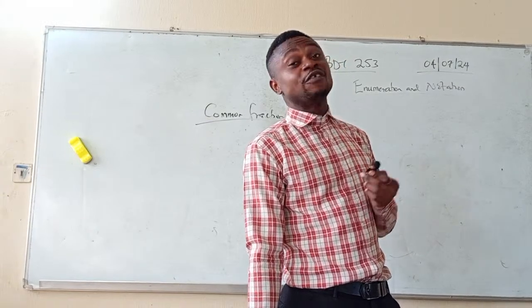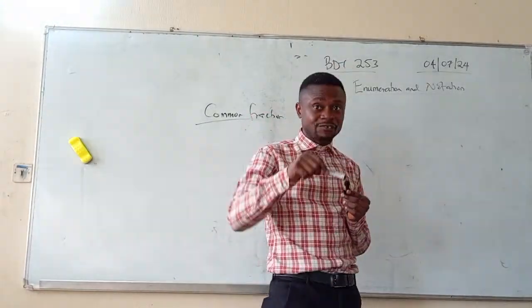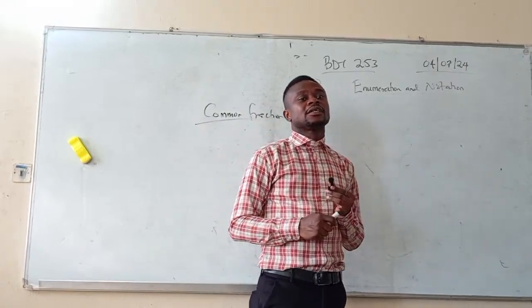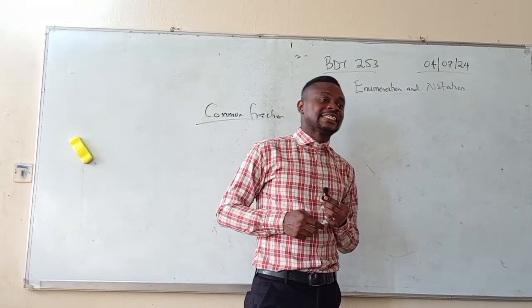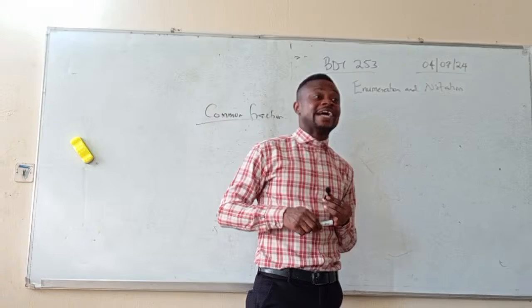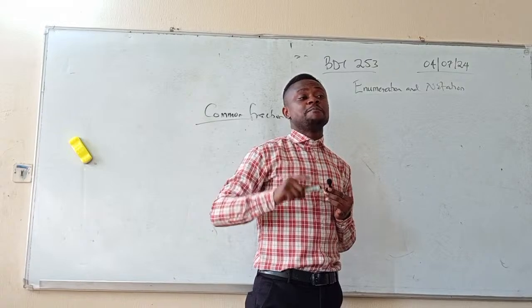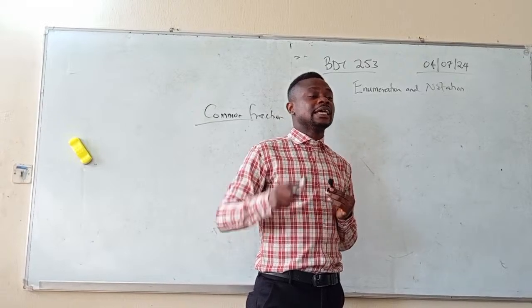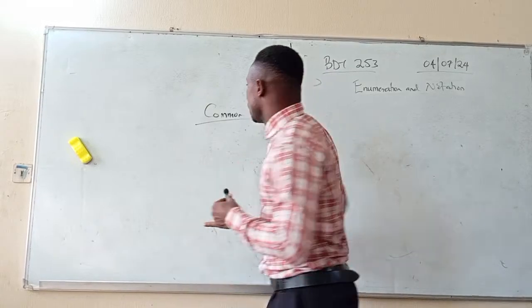Equivalent fractions of a given fraction can be generated by multiplying or dividing its numerator and the denominator by the same number. Okay, look at this thing.